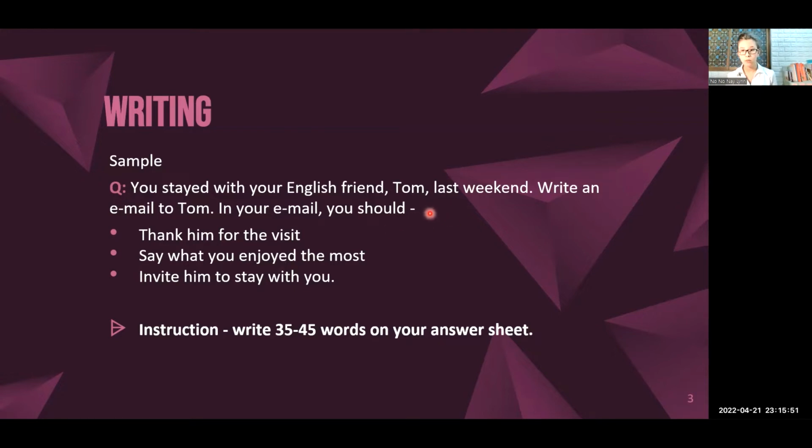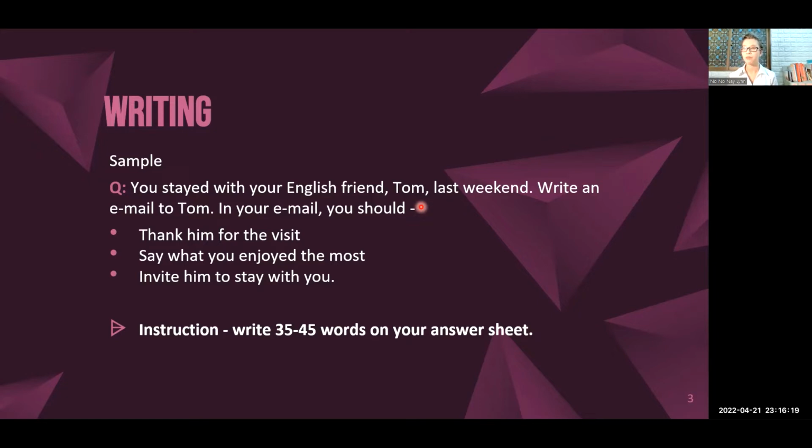What you have to do in your answer is consider the reader. You are writing a letter, in this case an email, to the potential reader. The reader can be the examiners in the examination, or your friend here, Tom. So in this case, you have to imagine that your reader is your friend, Tom.